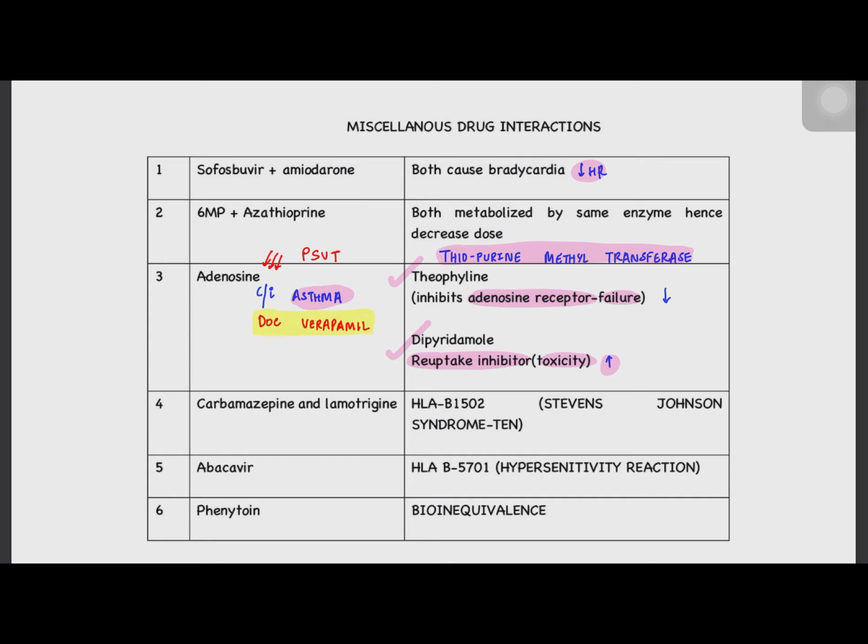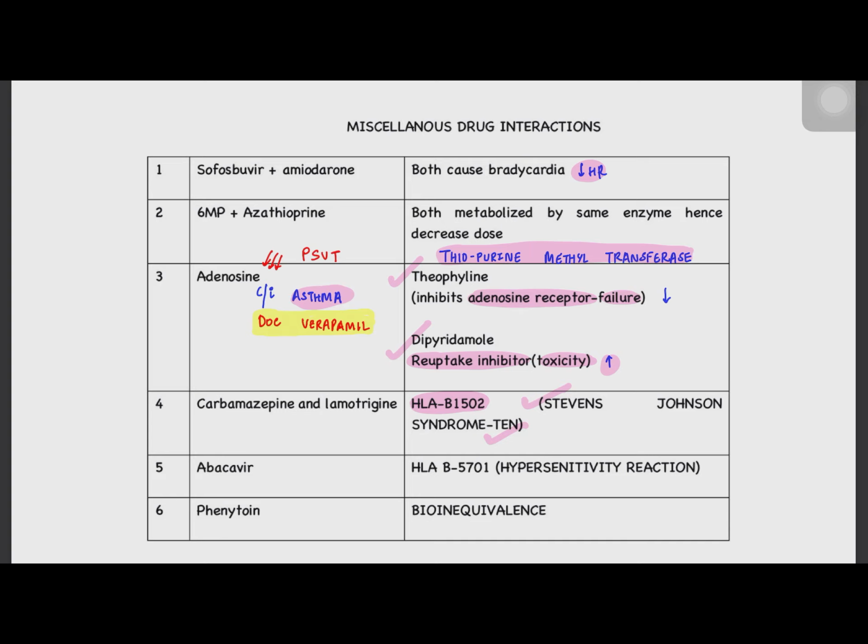Now the other few important points are carbamazepine and lamotrigine. Carbamazepine is classically used in patients with trigeminal neuralgia, or as an anti-epileptic drug. Also lamotrigine. Patients who have the HLA B1502 allele are more predisposed to conditions called Stevens-Johnson syndrome or toxic epidermal necrolysis.